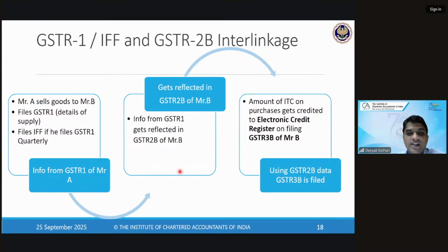Do we need to file GSTR 3B? Yes. To report your sales, you will have to file your GSTR 1 and GSTR 3B.